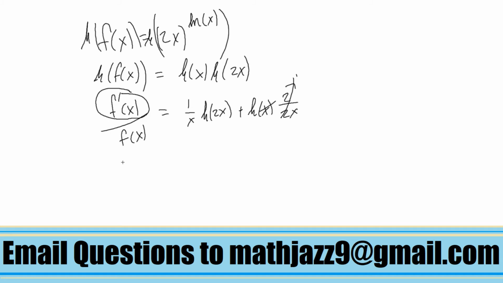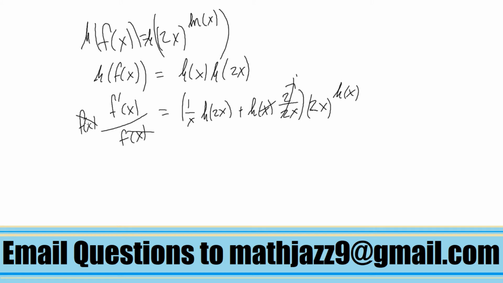And now what we wanted was f prime of x. What we got is f prime of x over f of x. So what we are going to do is multiply both sides by f of x and cancel. But we also know that f of x equals 2x raised to the ln x.